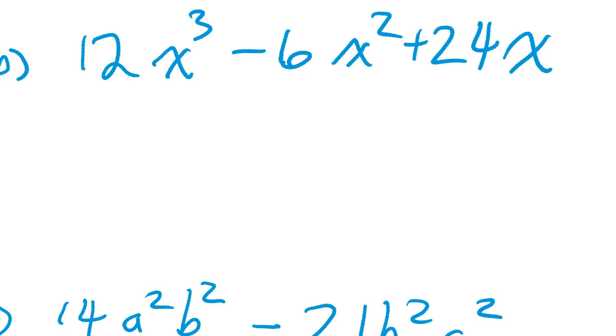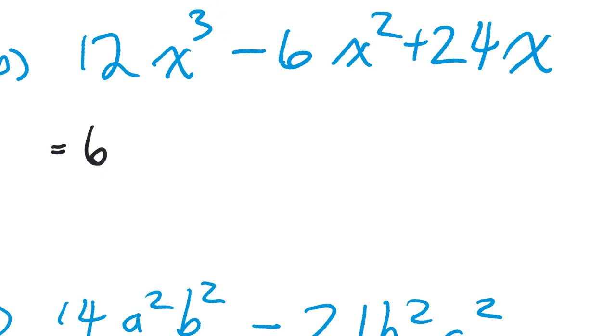That's how we do this: we look at our GCFs first. So the coefficients all share the common factor of 6, because 12 can be divided by 6, 6 can be divided by 6, and 24 can be divided by 6.